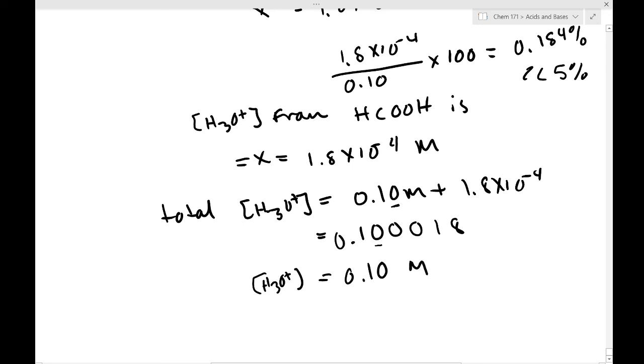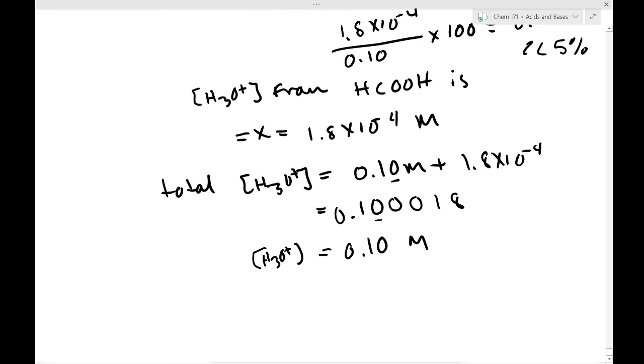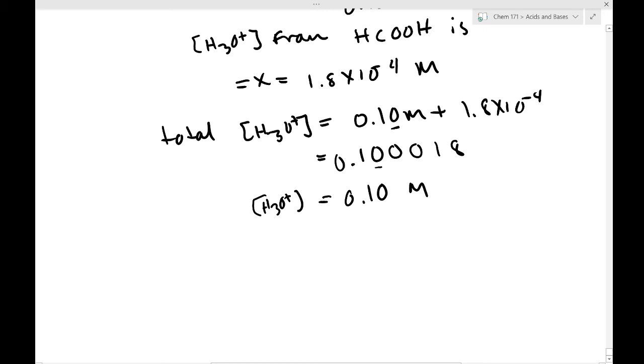Now we can also throw in the autoionization of water, but of course the Ka for that is even smaller than the Ka for formic acid. Because of that, we know for sure that we can completely neglect it. So the total H3O plus concentration in this solution is completely dominated by the strong acid.